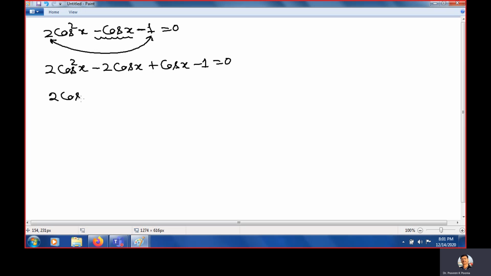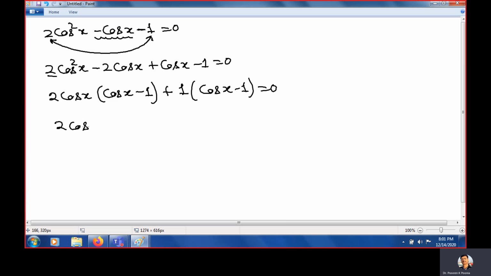Now we take 2cos x common. Inside it is cos x minus 1, because we have taken 2cos x common. Here there is nothing to take common, so we take 1 times (cos x − 1). You must have studied this factorization technique in basic mathematics.